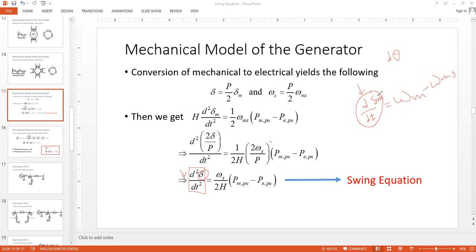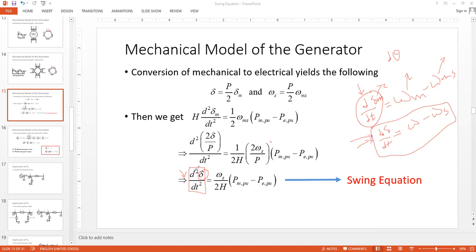You can easily take this into the electrical domain, this into the electrical domain, and simply write d delta over dt equals omega minus omega s. You can also include some E here, but I'm not including E. This means without any E and without any M, all these are electrical quantities. So this is one of our ODEs now.